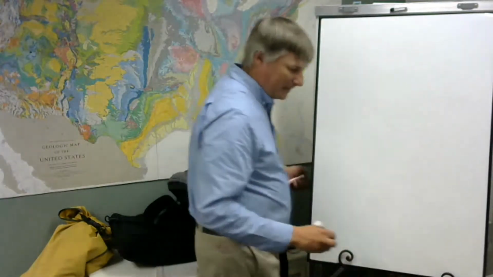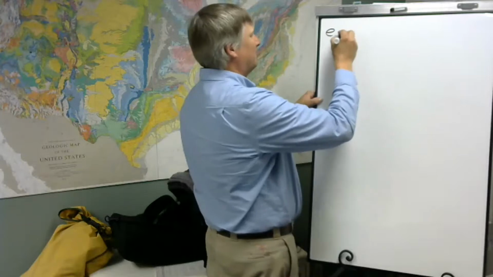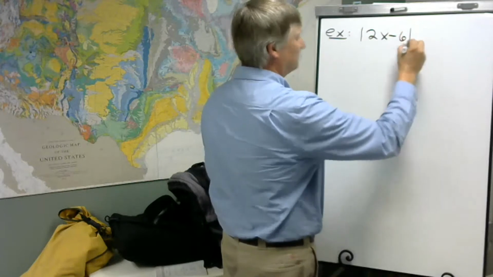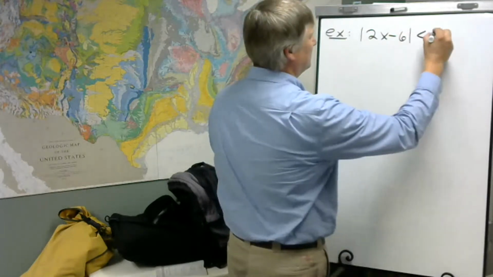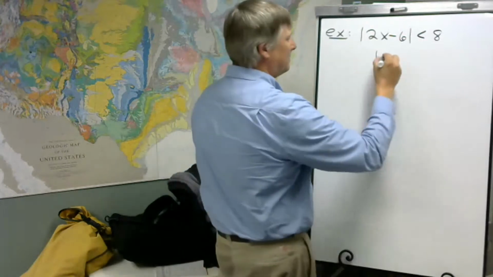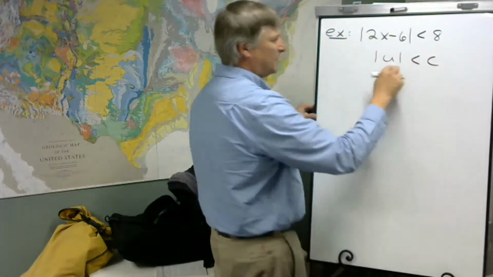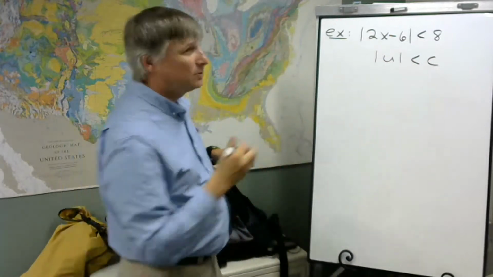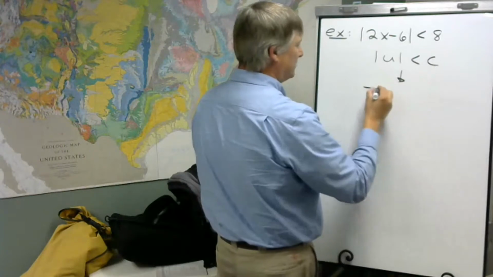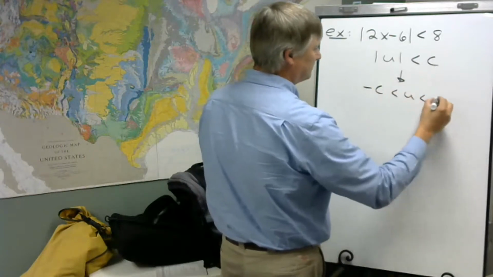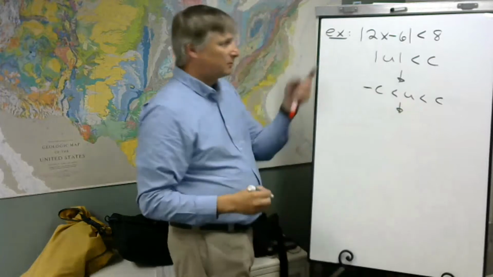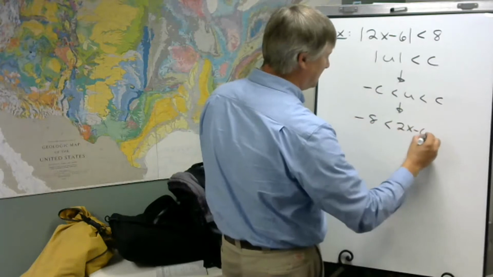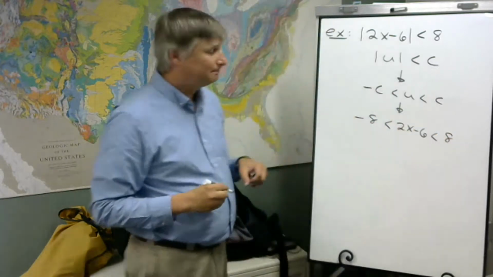So let's say we have this. Now again, this is a type U. This is some algebraic expression less than some constant C. So that means we break it up into this form, which for us means negative 8 less than 2x minus 6 less than positive 8.